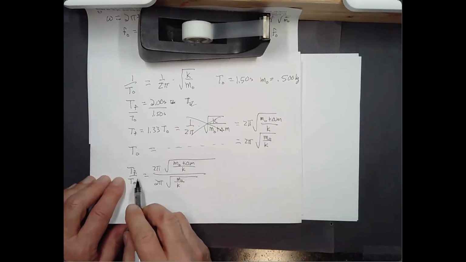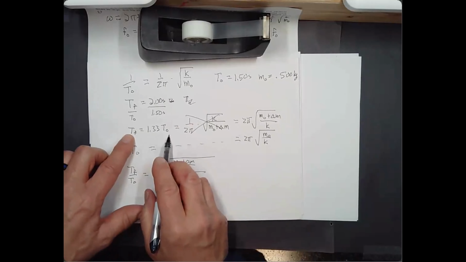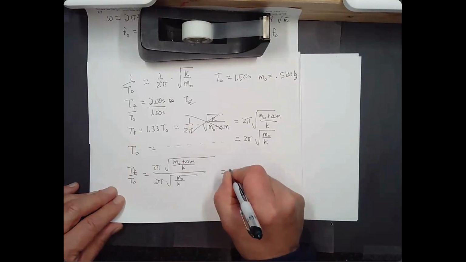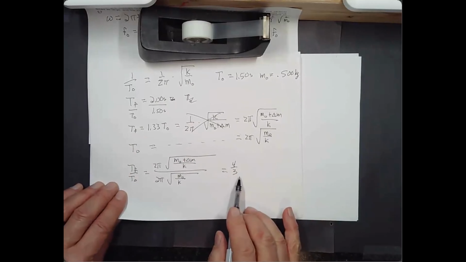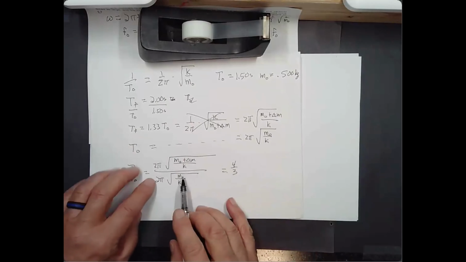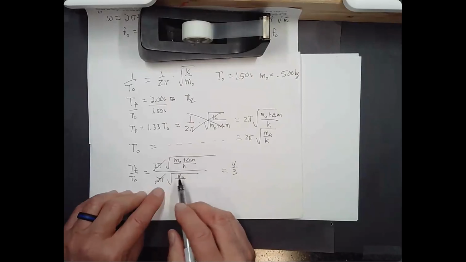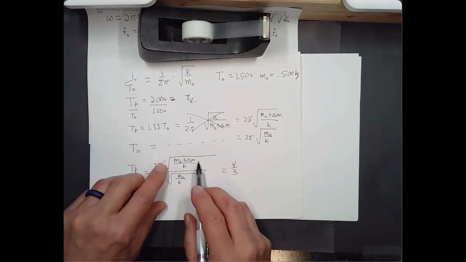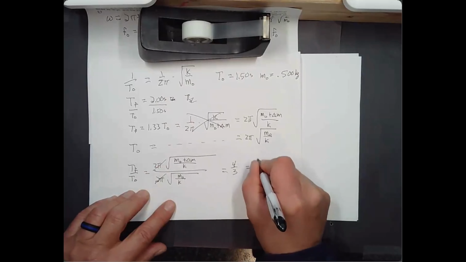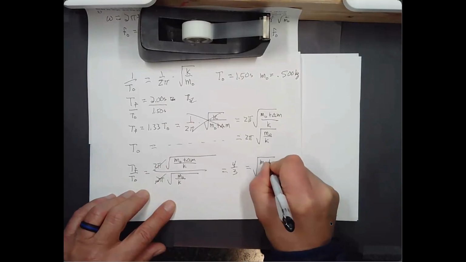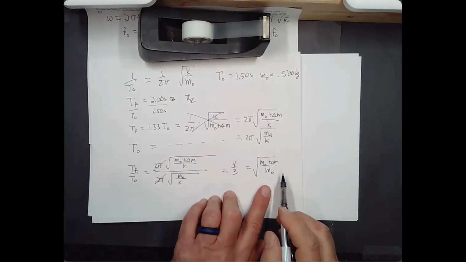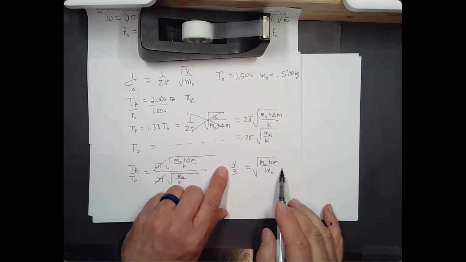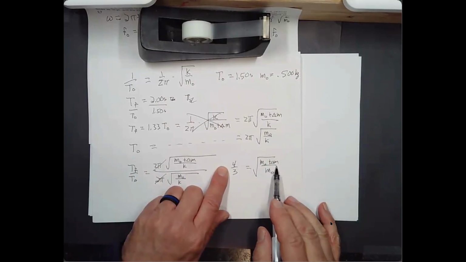But I already know that T final over T naught equals 1.33, which I'll write as 4/3. In this expression, the k's pop out, and I'll have m naught plus delta m over m naught. And I need to solve that for delta m.